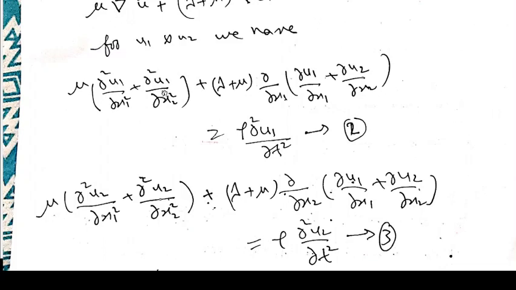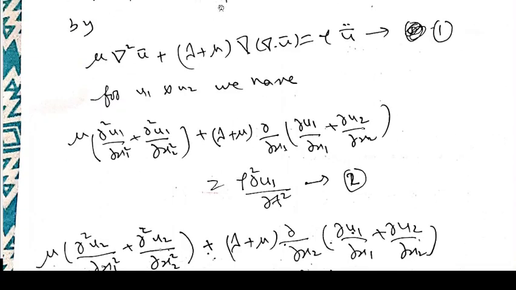Why? Because u1 and u2 are independent of x3, so no need to write that. This is lambda plus mu, and this is the divergence of u: partial u1 partial x1 plus partial u2 partial x2 plus partial u3 partial x3, and we have no u3, so we have no third term in this sum.